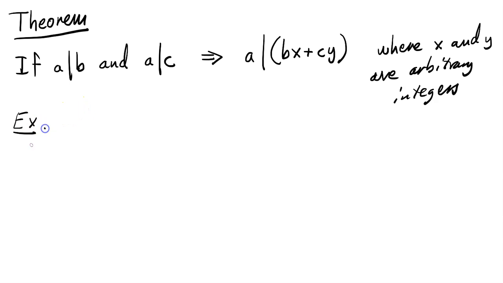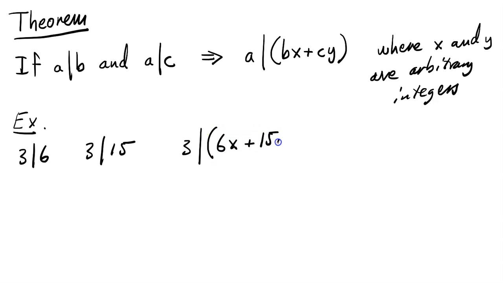So we know that 3, for example, divides 6, and 3 also divides 15. Then according to this theorem, we know that 3 must divide any combination of 6 and 15, like this. So here we could choose any two integers.